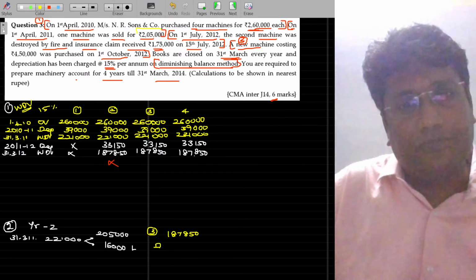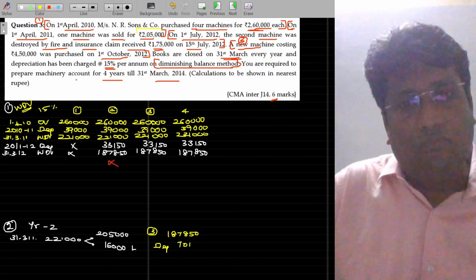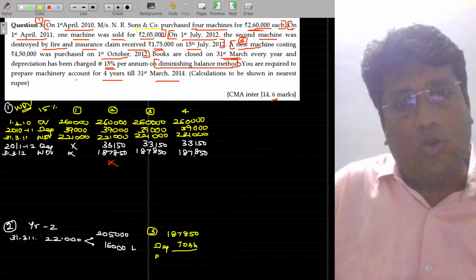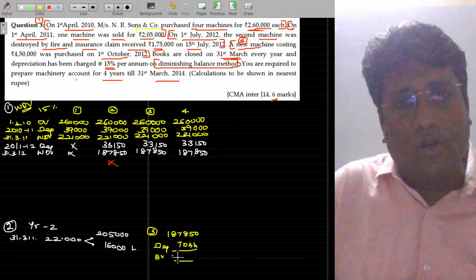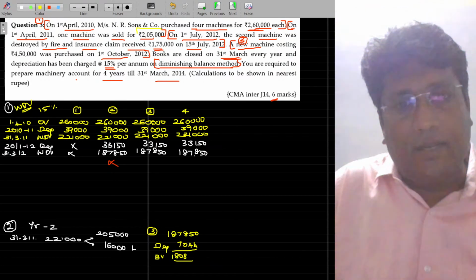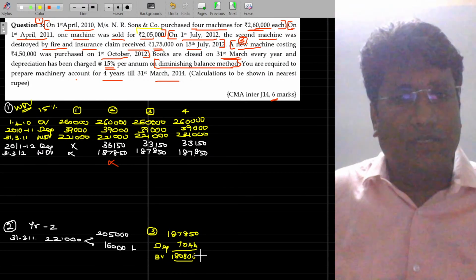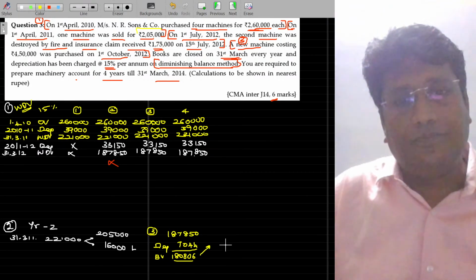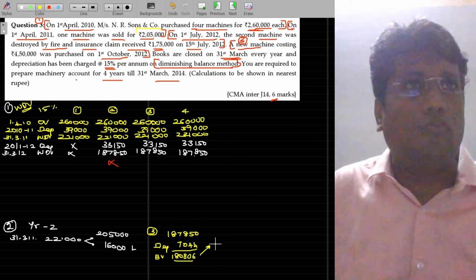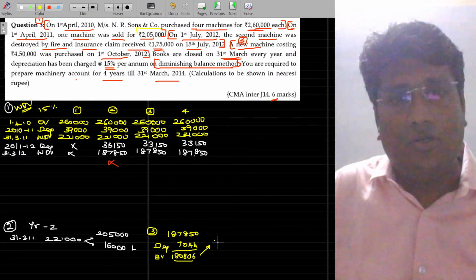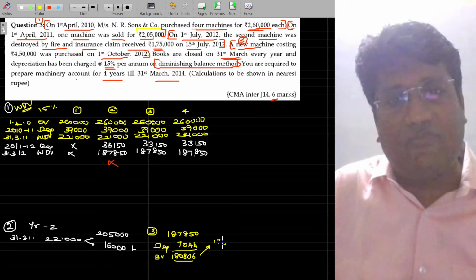The depreciation is 7,044. Now the WDV or book value as on the date of the fire accident is 1,80,806. And this is not sold, but an insurance claim was received for 1,75,000.